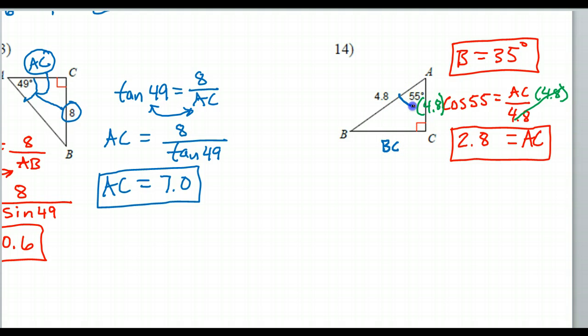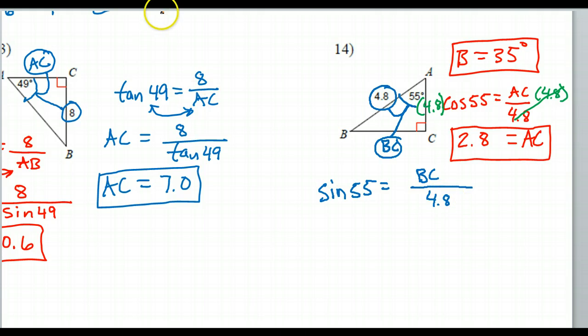So looking at the 55 and the 4.8 and the BC, that is opposite and hypotenuse. So that's the sine function. So we will do sine 55 is equal to opposite over hypotenuse.